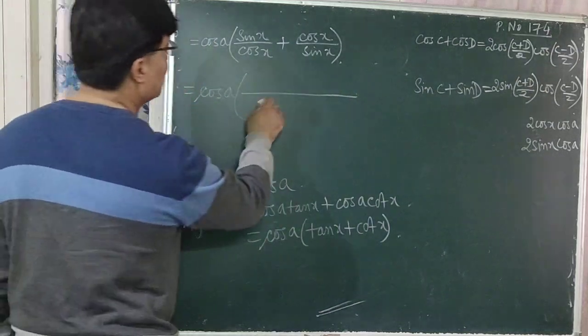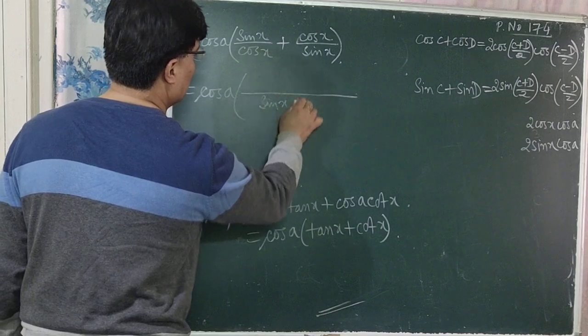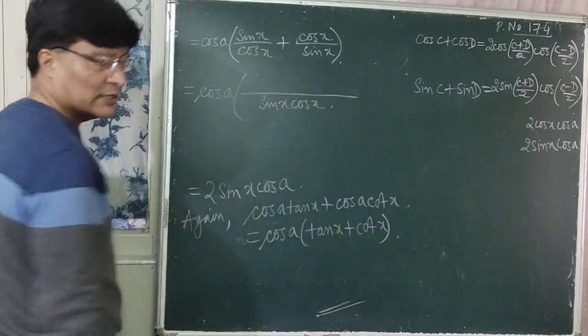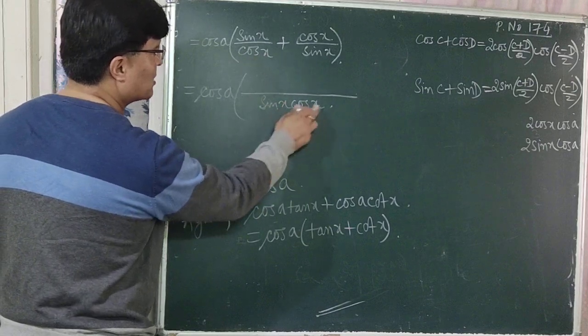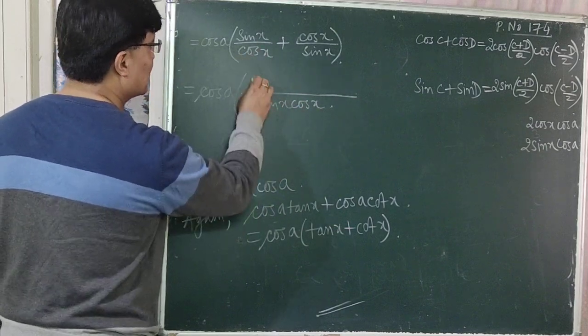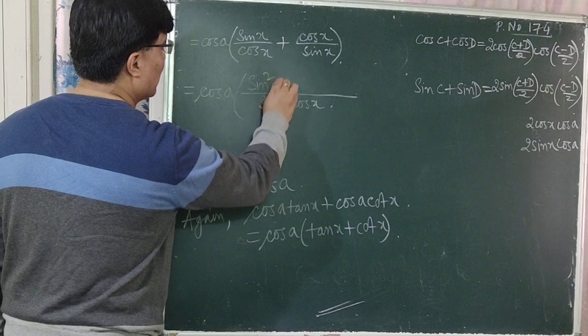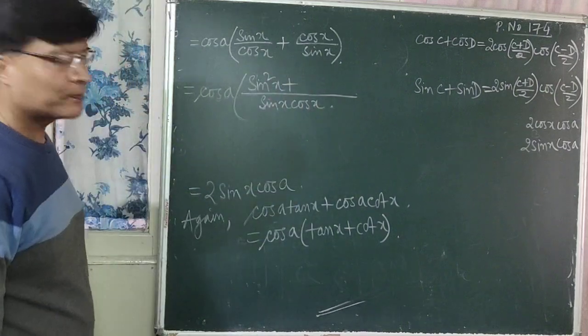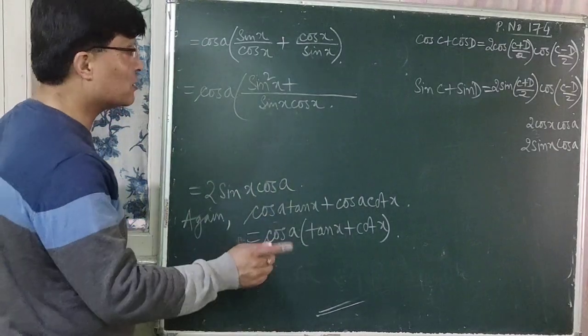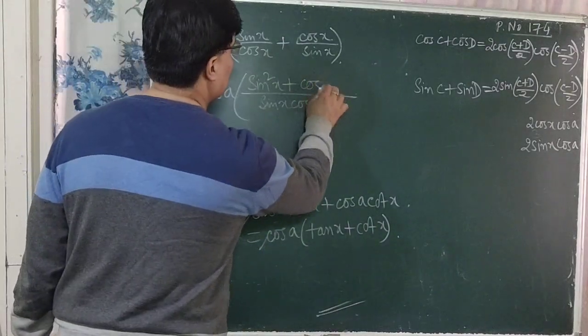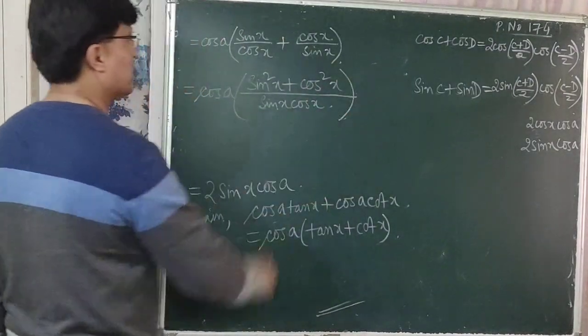Take the LCM and simplify it. It is sin x cos x is the LCM, isn't it? Now this LCM is divided by cos x. Cos x, cos x cancels. Sin x into sin x is sin square x plus. Again, this LCM is divided by sin x. Sin x gets cancelled. We will get cos x. Cos x into cos x is cos square x.